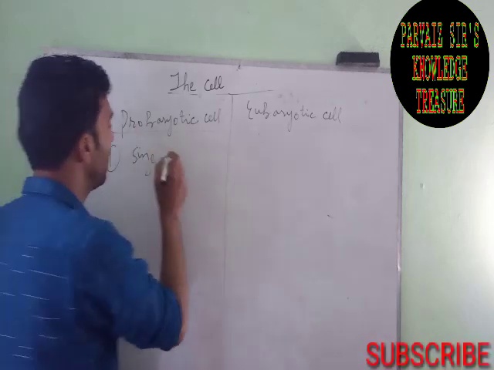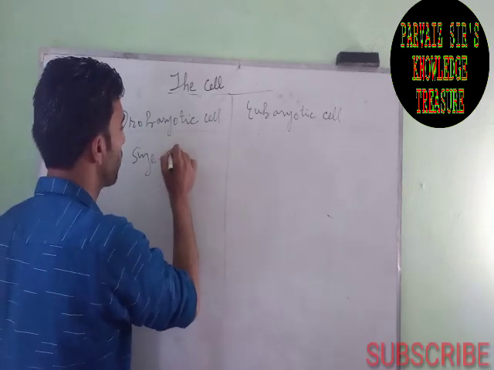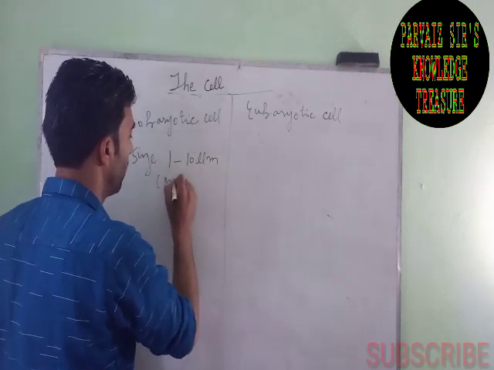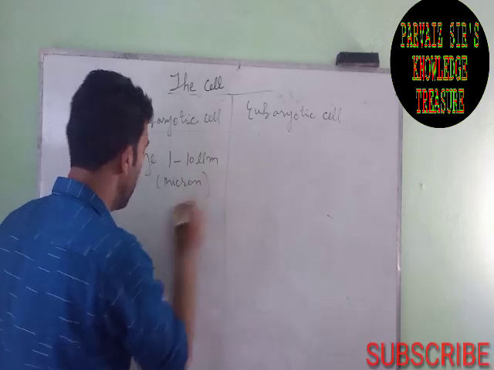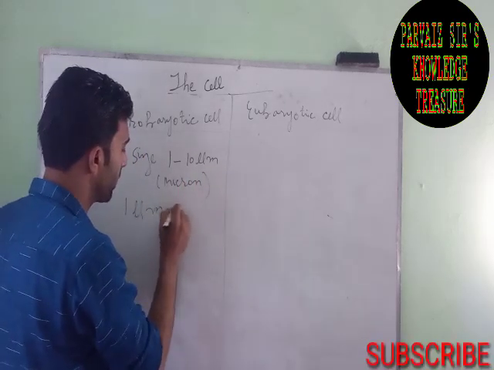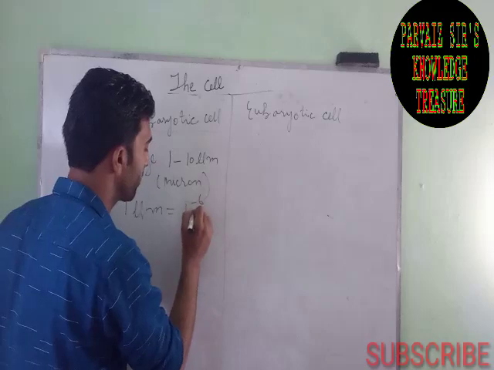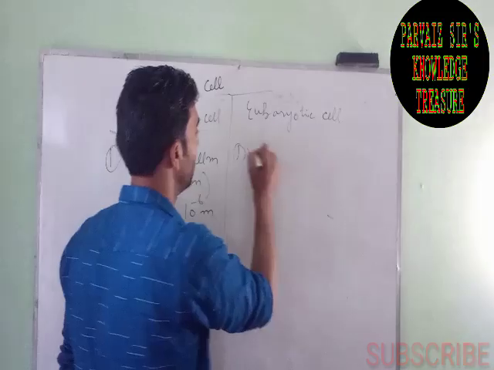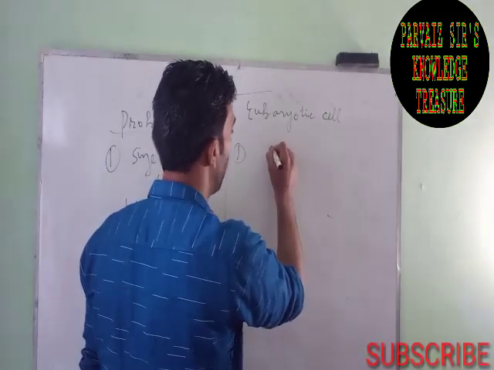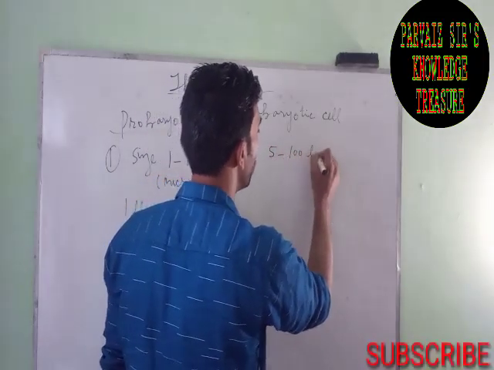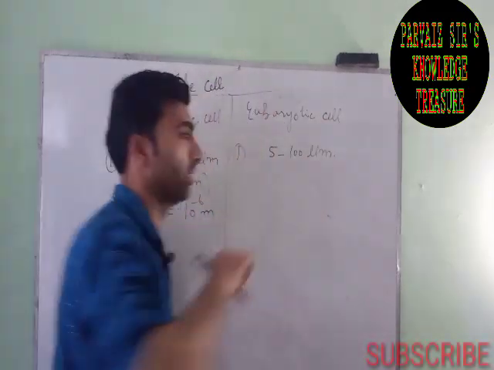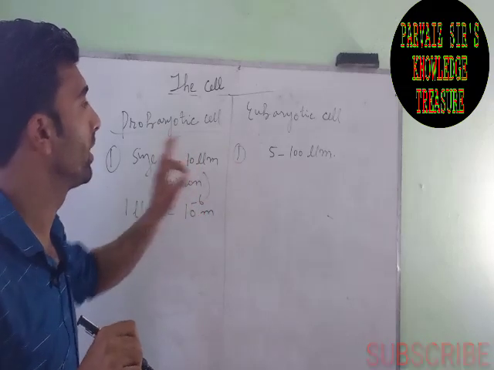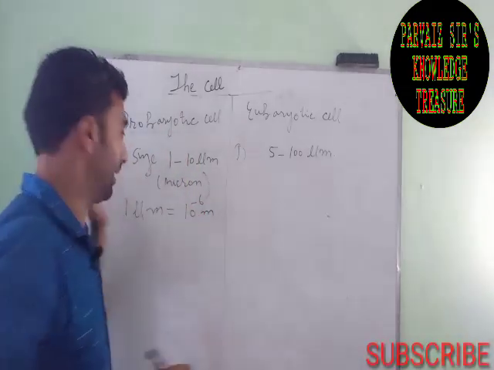The size of a prokaryotic cell ranges from 1 to 10 microns. 1 micron is equal to 10 raised to the power minus 6 meters. The size of a eukaryotic cell ranges from 5 to 100 microns. This is the first difference, that is, eukaryotic cell is larger in size than prokaryotic cell.